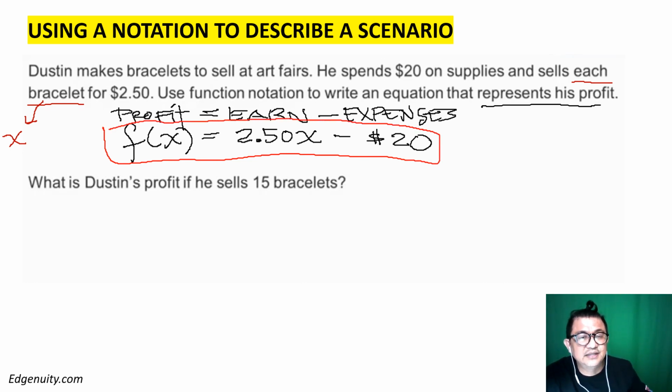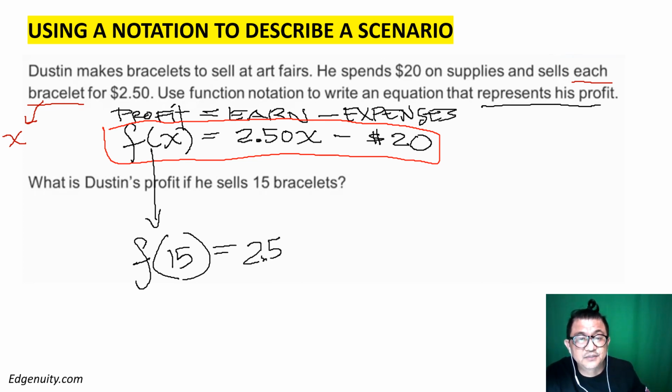Now let's write down the profit for 15. The function of 15, meaning the output when I sell 15 bracelets, would be 2.50 times 15, then take away the $20.